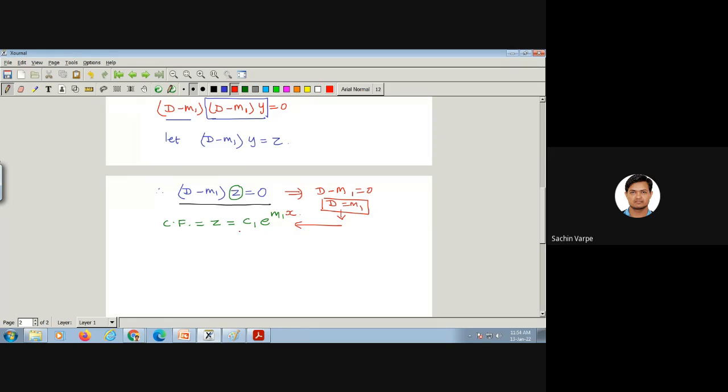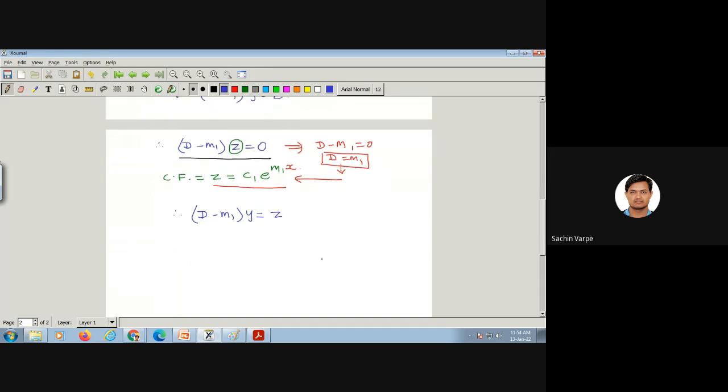So this is the value of z, and when we substitute this value into this equation, what do we get? We get (D minus m1) operated on y is equal to z. So z we have got to be c1 e to the power m1 x. So (D minus m1) operated on y is equal to this.